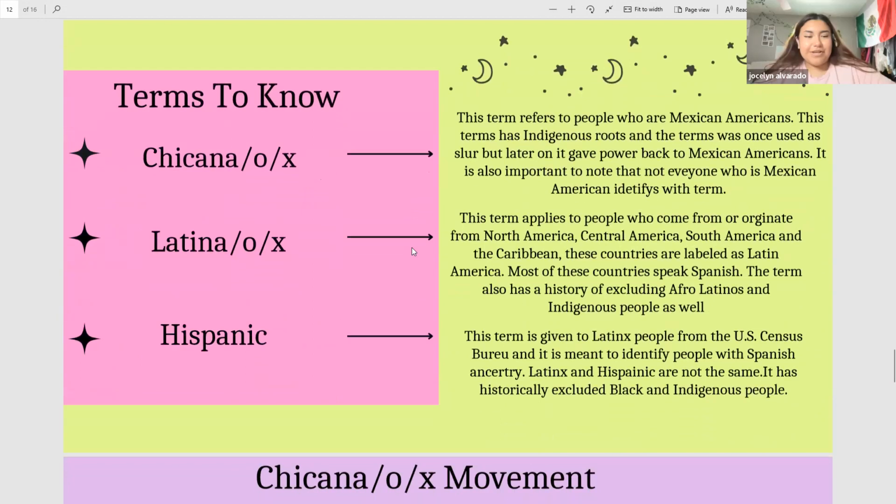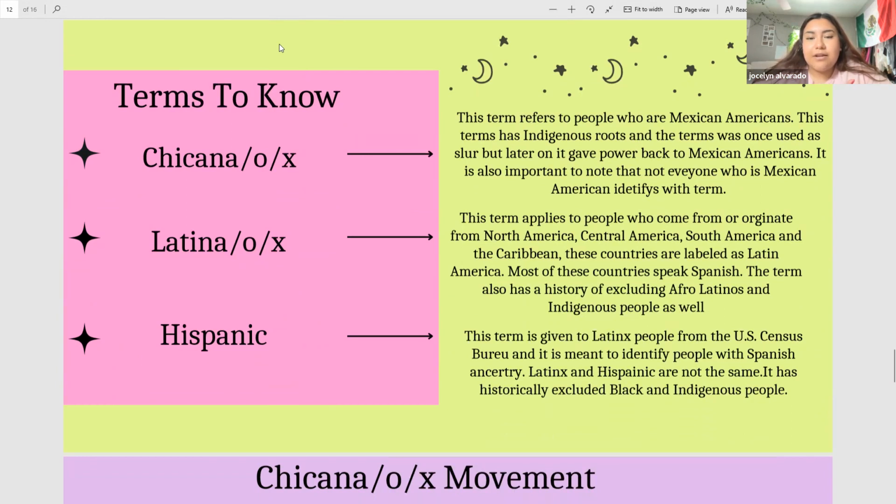So we wanted to start off by giving some definitions and background to some of the terms that we now hear a lot in daily interactions, like Chicano, Chicana, and Chicanx. This term refers to people who are Mexican American, and it has a lot of Indigenous roots.